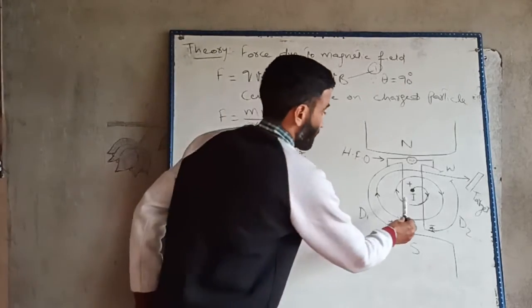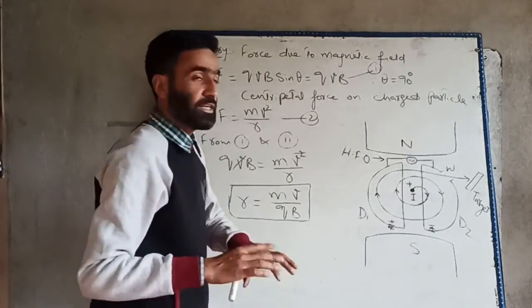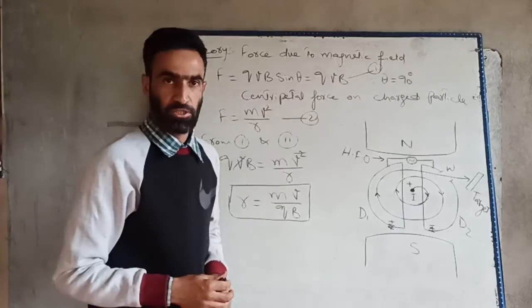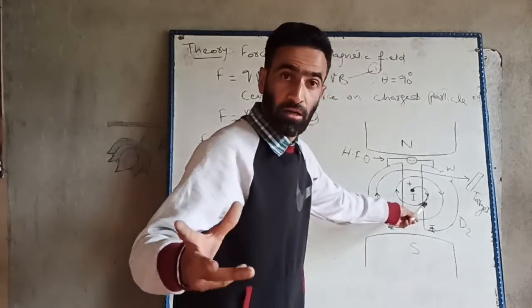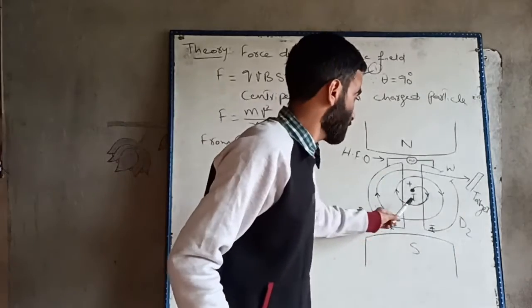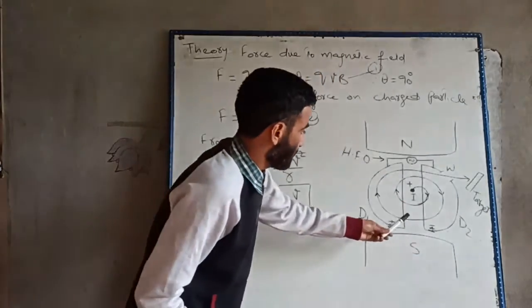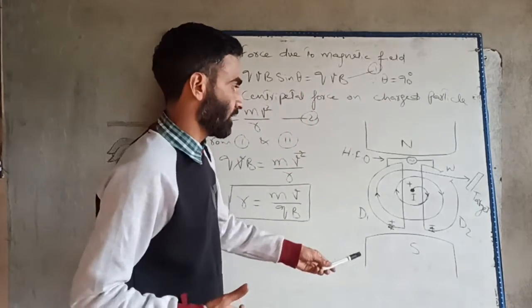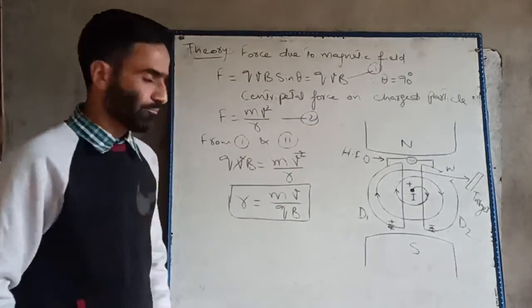The increase in the radius of the path is directly proportional to its speed, and that increase in speed is due to the electric field, which we understood in the gap. In the gap, there is an increase in speed because D1 and D2 attract the charged particles due to the applied oscillating electric field, right?